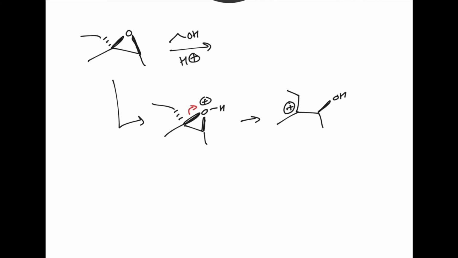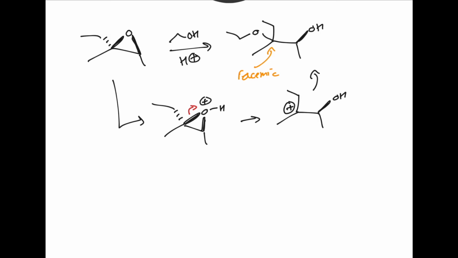This carbocation becomes flat and loses all of its stereochemical information. It forgets that it was chiral. So you have an equal chance of your nucleophile adding from the top or the bottom. So you just end up with a mixture in the end. So you get a racemic mixture at this carbon. You still don't change anything on the carbon you don't react with.